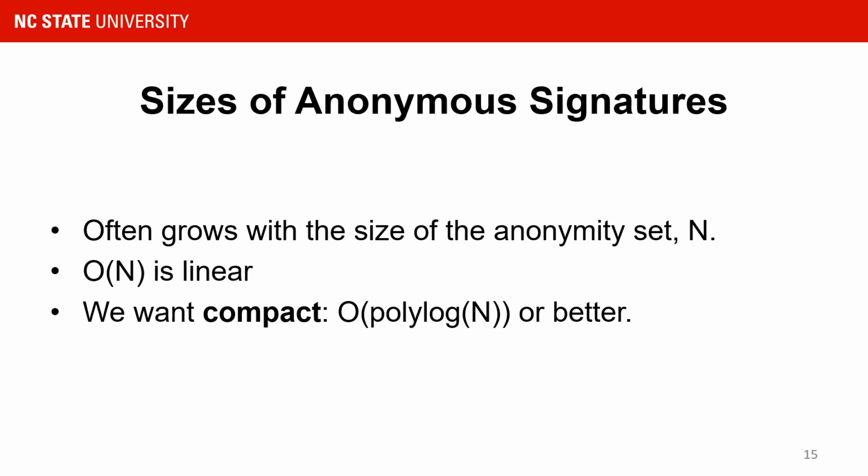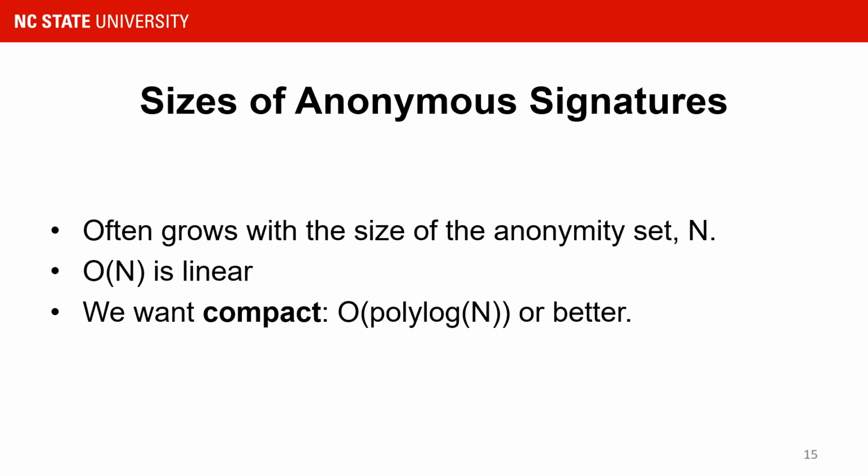And now the signature that they produce is just a string, and that string will have a certain length. And often it is a function of the size of the anonymity set. So if you have n people, you may have an O of n size signature. But the more anonymous you want to be, in other words, the larger you want to make your set, the more difficult it becomes to justify the use of an O of n size ring signature.